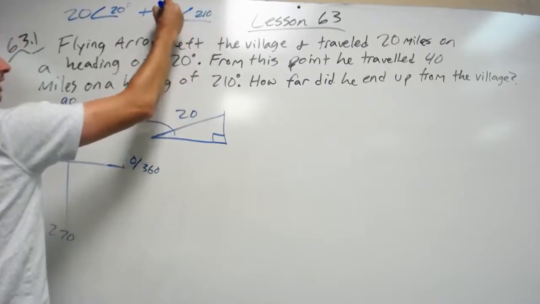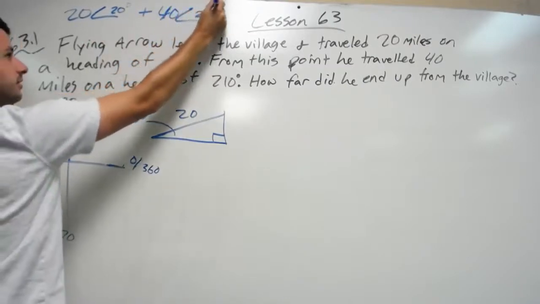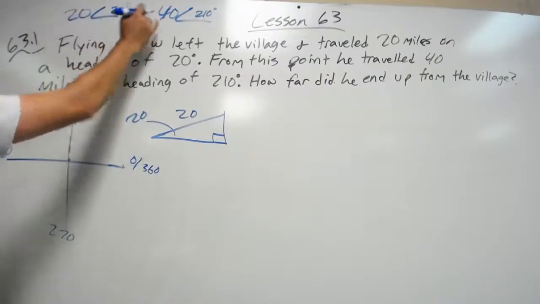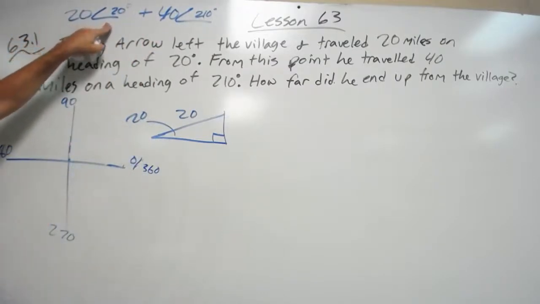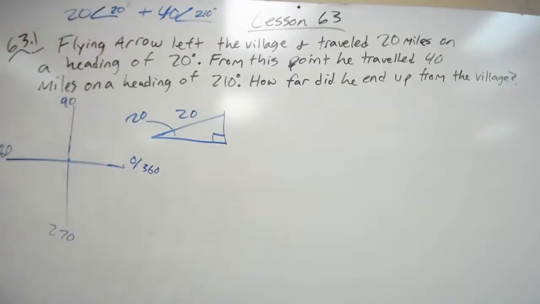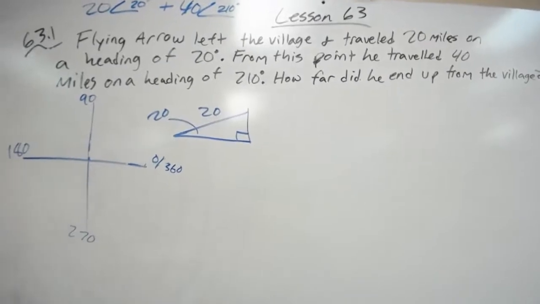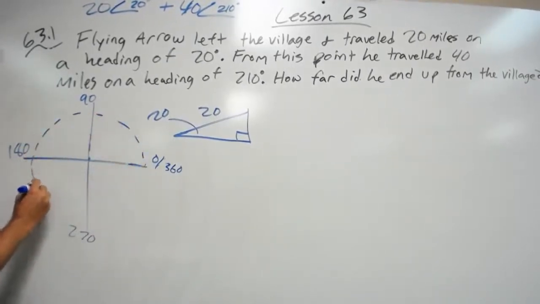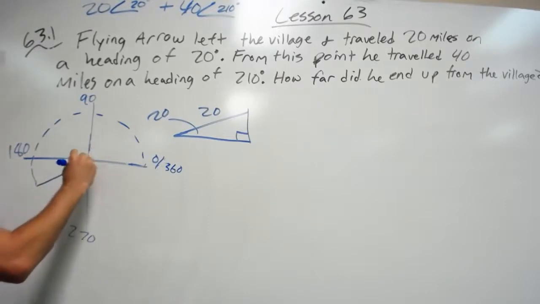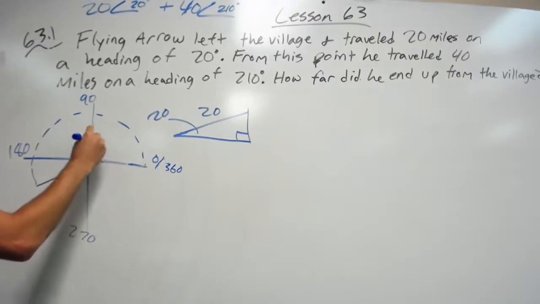If I wrote a problem like this, we would solve this the same as here, but this is what it looks like algebraically: 20 at 20 degrees plus 40 at 210 degrees. And so from here, we find 210 degrees. What is that between? It's between 180 and 270. And so we go all the way from here to roughly right there. Looks good. And this angle total is 210 degrees.